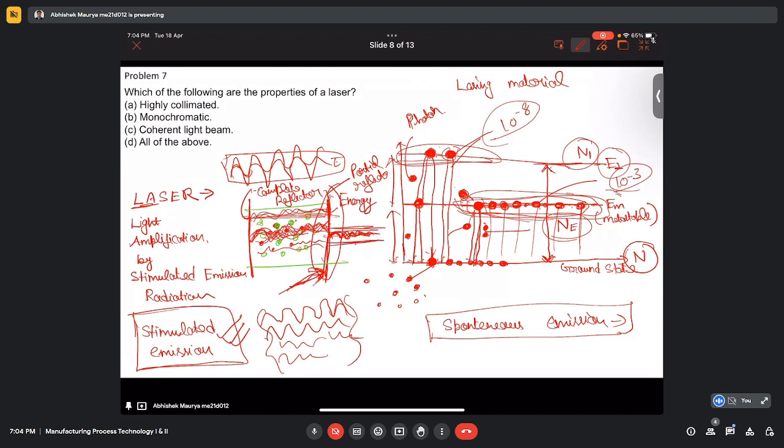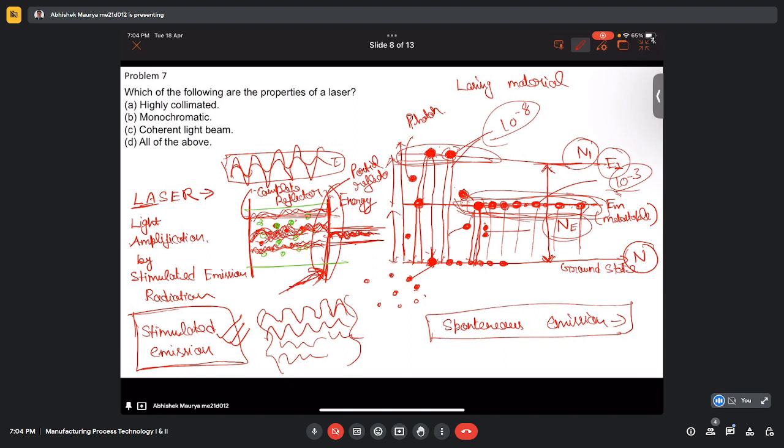Once the light has come out, the process keeps on repeating. Some photons will come out, and as time passes, superposition and amplification will take place.